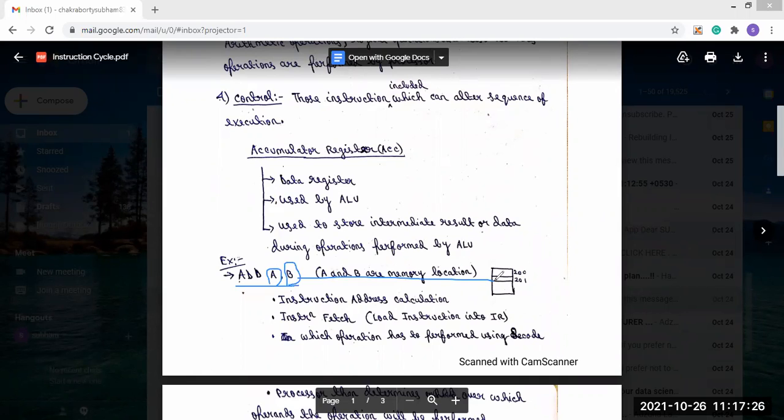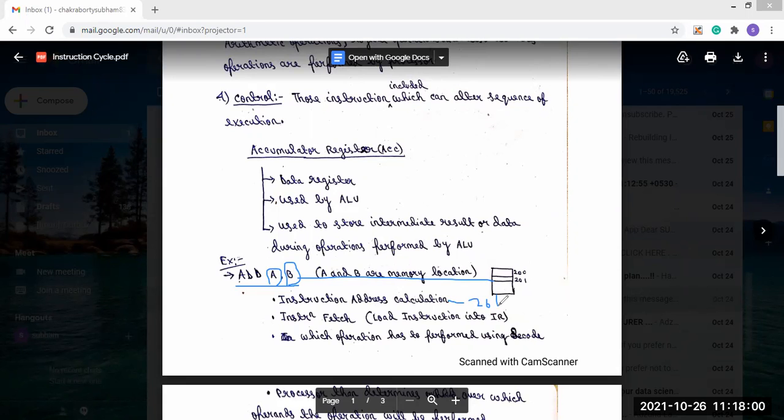When the address calculation is performed, we are able to know that its location is 201. So first the address of the instruction will be captured by the processor.